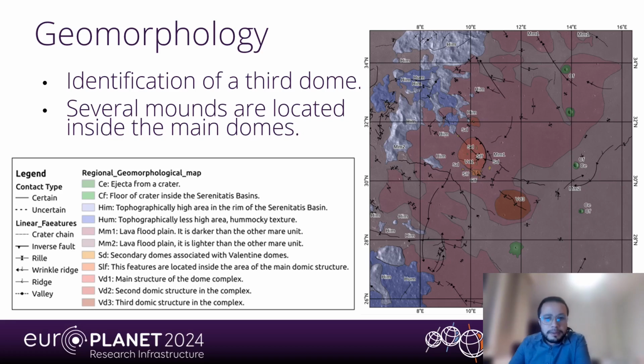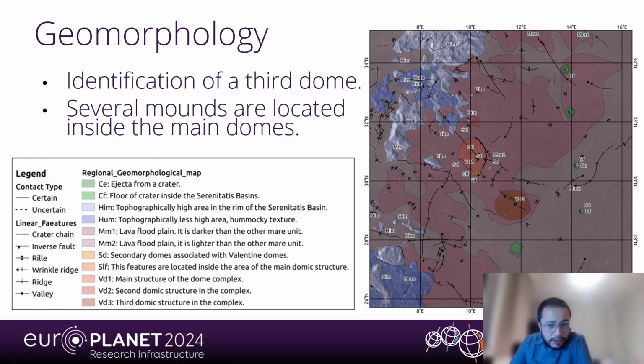This was a surprise because we were not expecting to find something like this, but this dome is even shallower than the other ones, so it's really difficult to identify in low resolution data. This is interesting because it tells us that the intrusive activity in this location is probably bigger than we expected before.